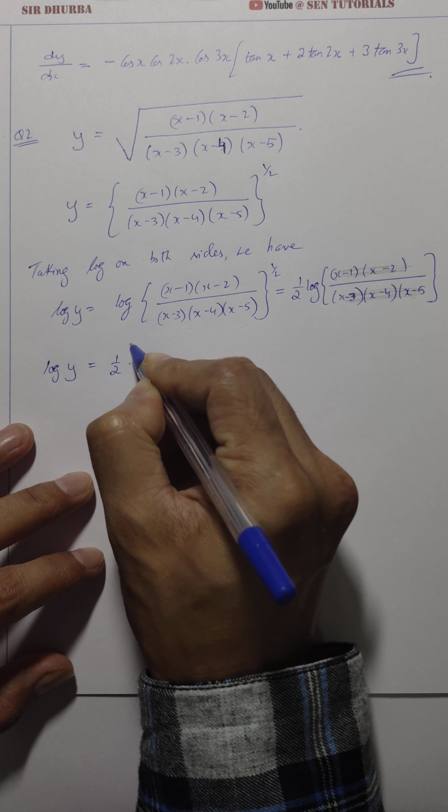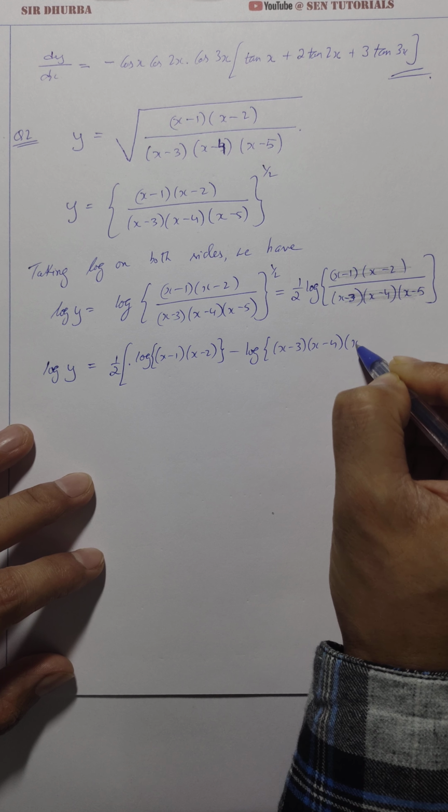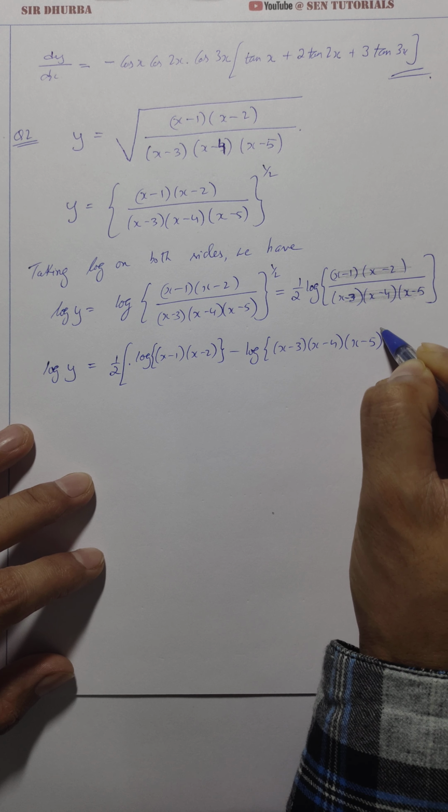So 1 by 2 is a common term. So log m, we use a second bracket also, minus log n. So log y equal to 1 by 2.